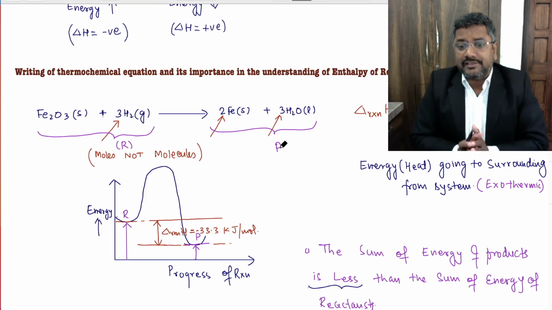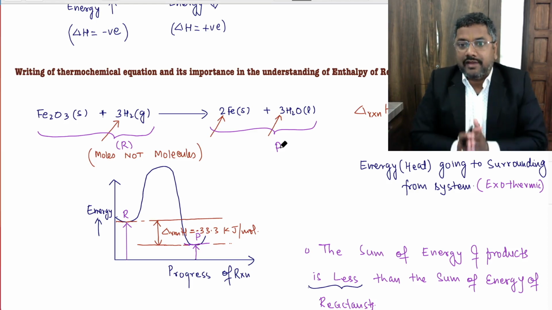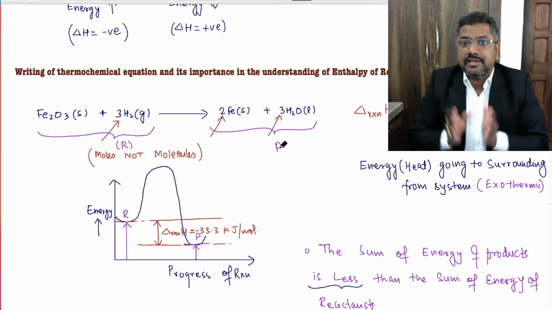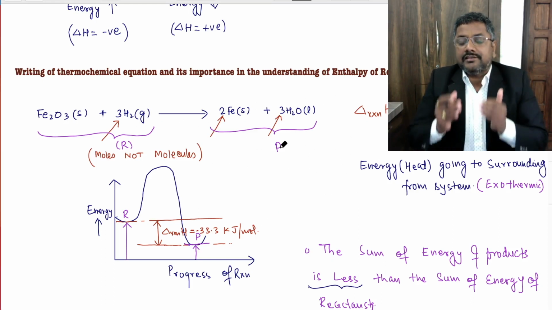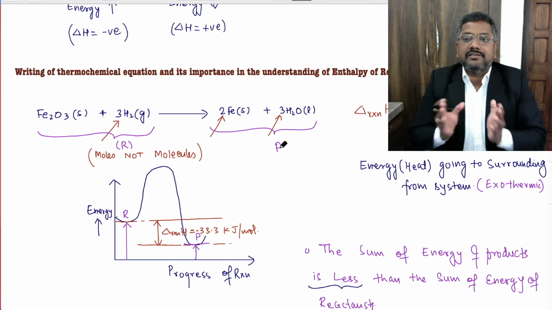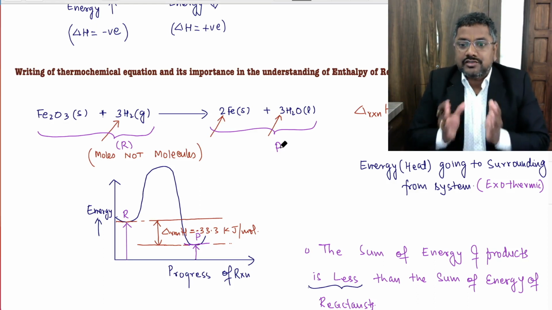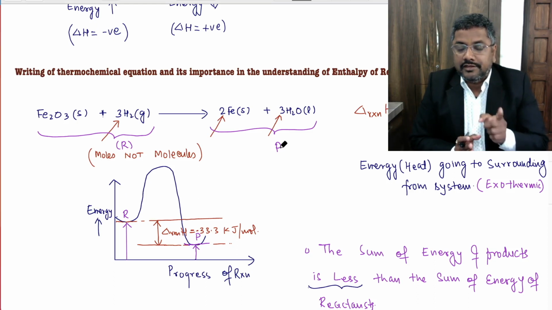In many cases, such types of chemical reactions, reactions in which the energy of product is less than the energy of reactant, meaning reactions are exothermic, are spontaneous. I am telling you, in many cases, not in all cases.